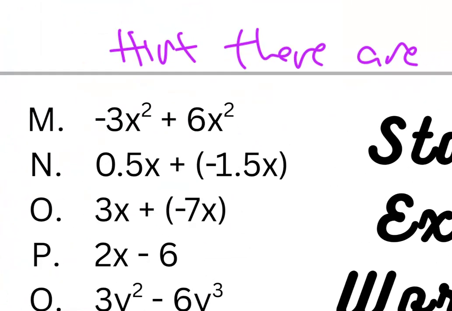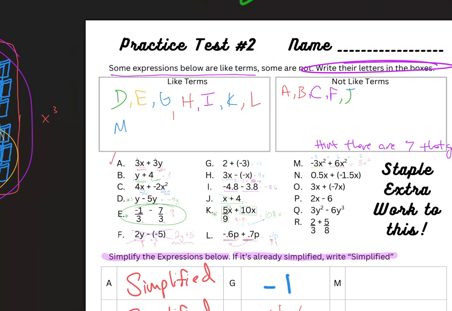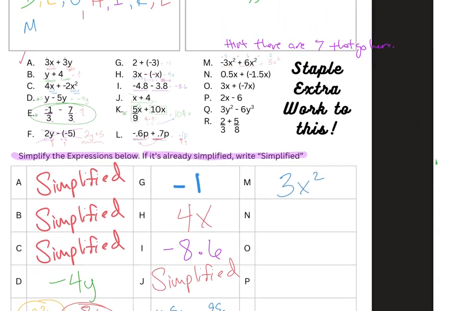This is saying, hey, listen, you lost 3 pallets, but then you ordered 6 more. So now you have a total of 3 pallets. And if that, again, doesn't work for you, you've been insulted 3 times, but you're about to get 6 compliments. Now you feel positive 3. So let's throw M right here. Let's throw 3x squared right here. And let's go to N.